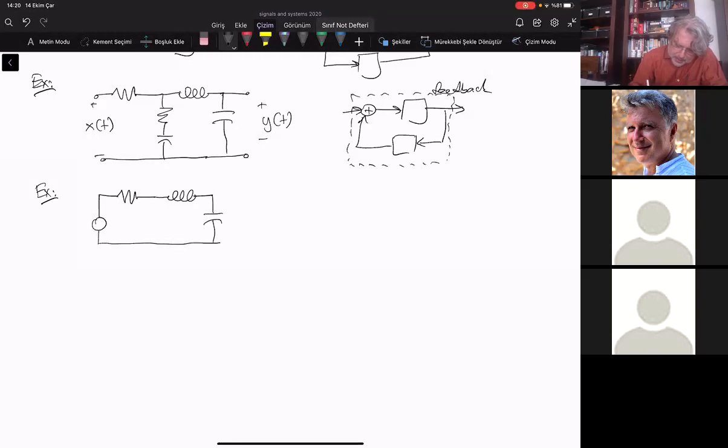That's an RLC circuit in the simplest sense, where the input is x of t, which is the voltage variation in time. Let's say this is the plus and this is the minus pole. And again, the output is the voltage across the capacitor, obtained as y of t, where this is plus and this is minus. This is a simple RLC circuit.